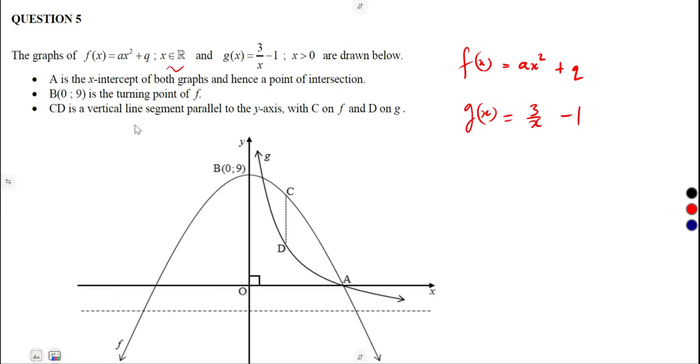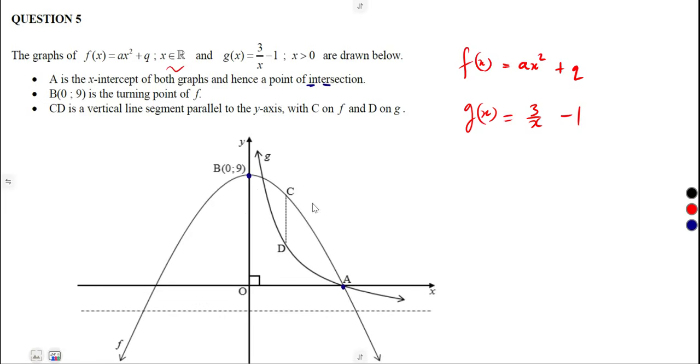So A is the x-intercept of both graphs, and hence a point of intersection. A here is the x-intercept on the x-axis and an intercept for these two graphs. And B is the turning point, 0, 9.